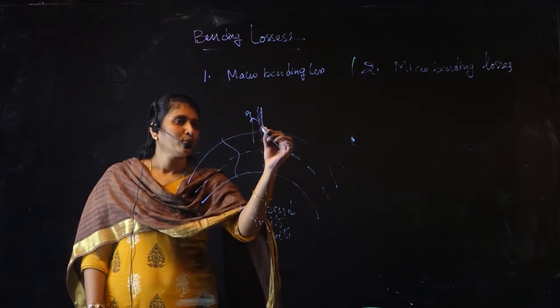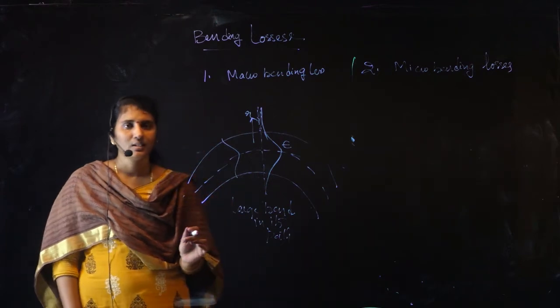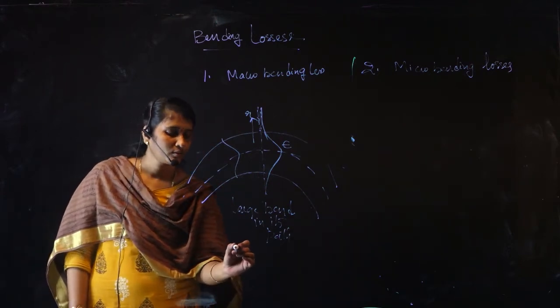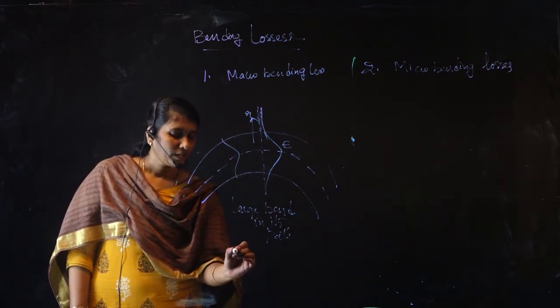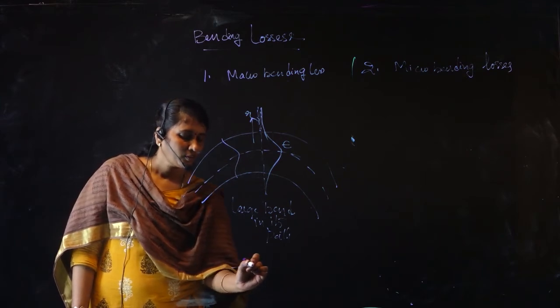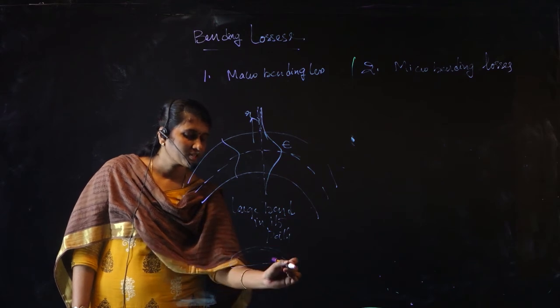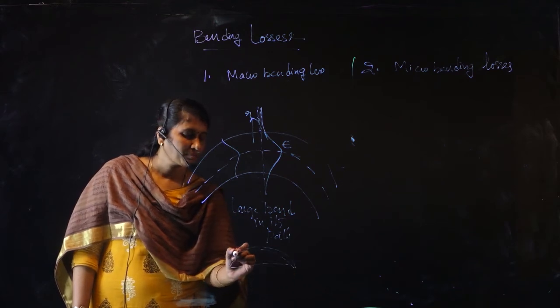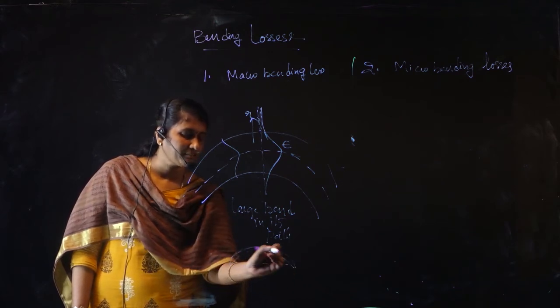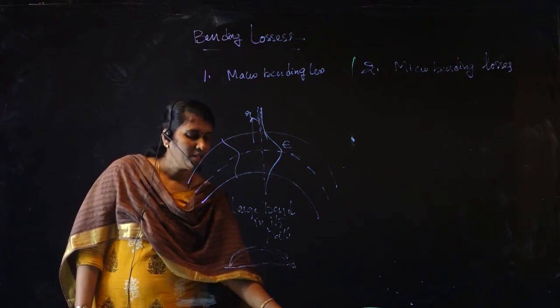If the bend is very large, practically, when we are traveling in a curved path, we can reach faster. The speed of the light that is traveling at this curved region will be more than when it is traveling in a straight line.